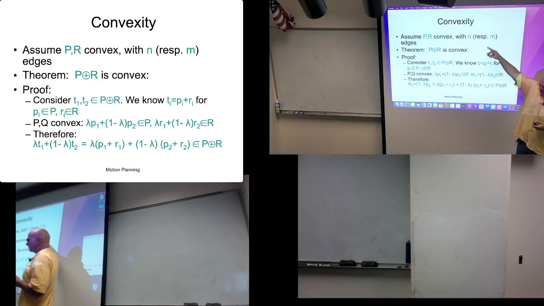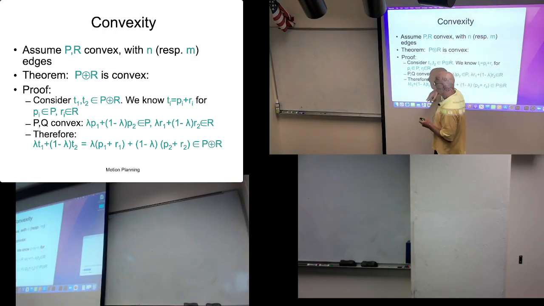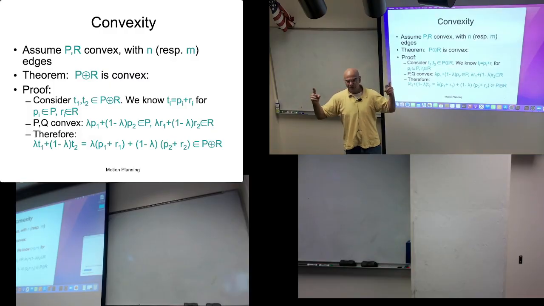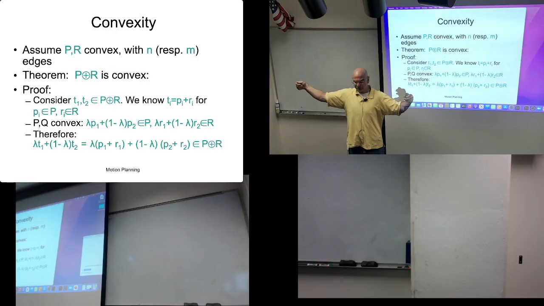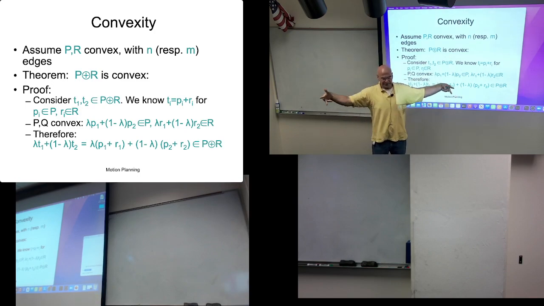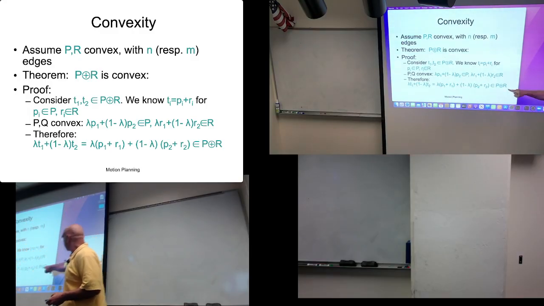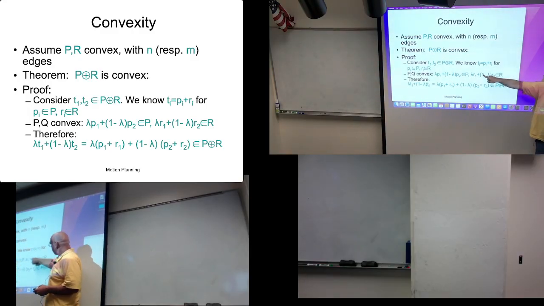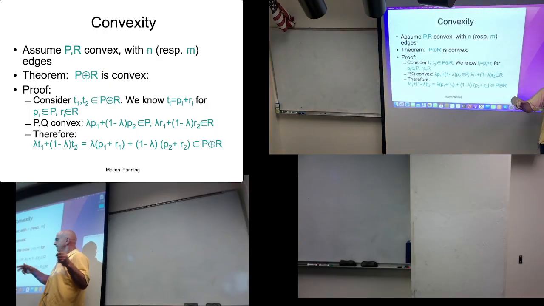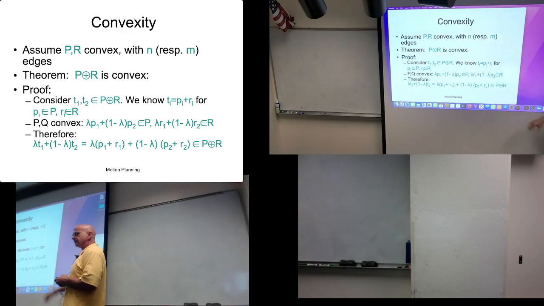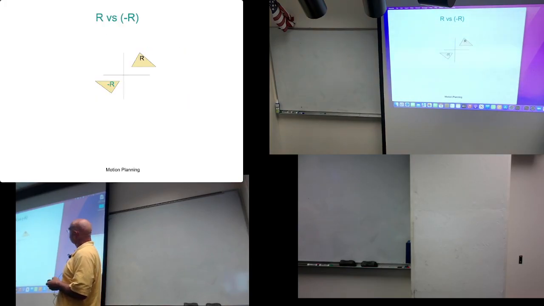Take any two points that belong to the Minkowski sum, you have it all in the PDF. Where are they coming from? They're coming from a point of the source and a point of the object, and from the other extreme points, and then you're just generating everything parameterized by lambda, like the time that a fly takes between the two endpoints of this segment. The usual trick, nothing really clever in it.